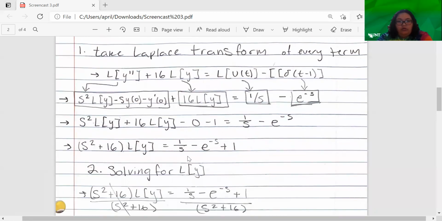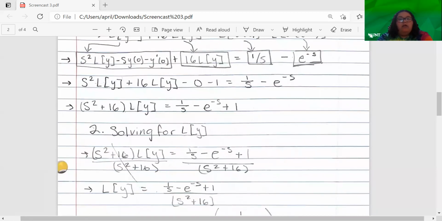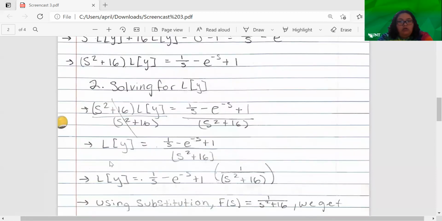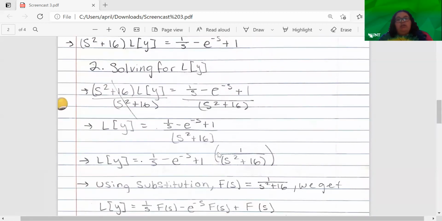Now we need to solve for the Laplace transform of y. This is pretty simple and straightforward. All we need to do is divide both sides by s squared plus 16. Once we do that, we're able to cross this out, and this is our L of y isolated. Now all we're going to do is separate the top and the bottom.